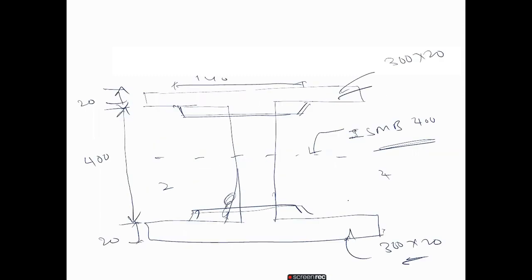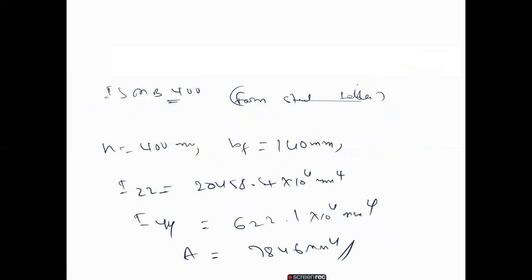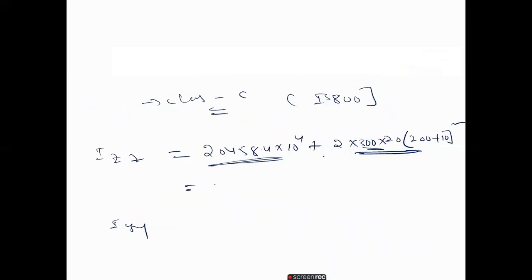This one and this one. So 2 into 300 into 20. Again, if you take, this is a 400. Okay, if I take from here to here, what happens? This distance as well as half of this flange, that is nothing but 20 by 2, that is 10. You will get 200 plus 10 whole square. So once if you substitute here, you will get the answer 733,784,000 mm power 4.